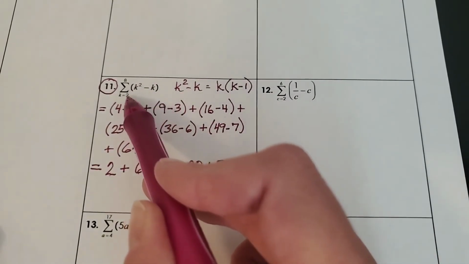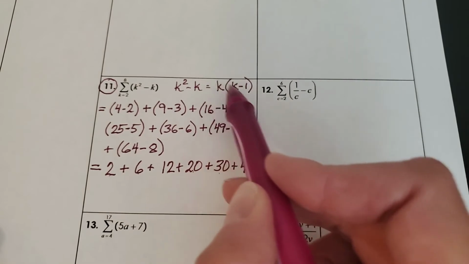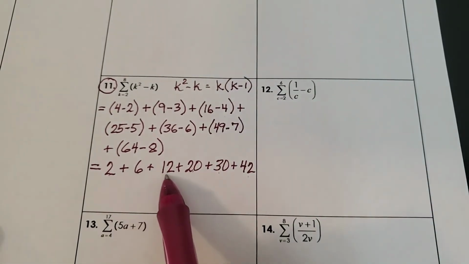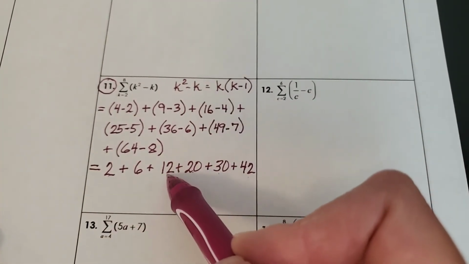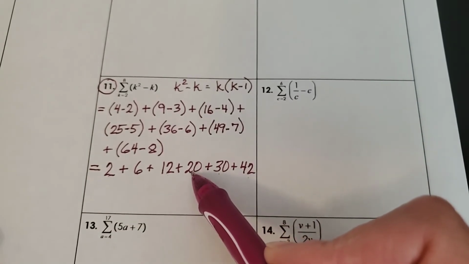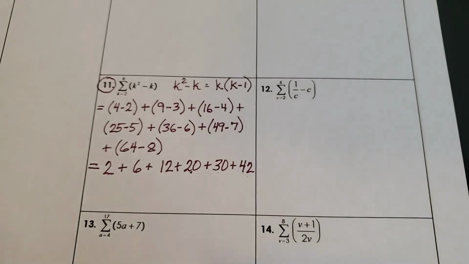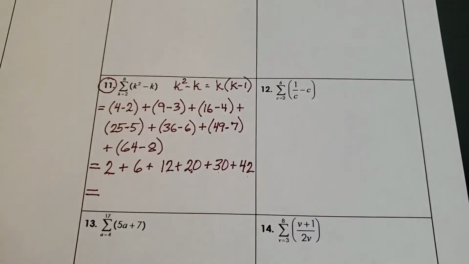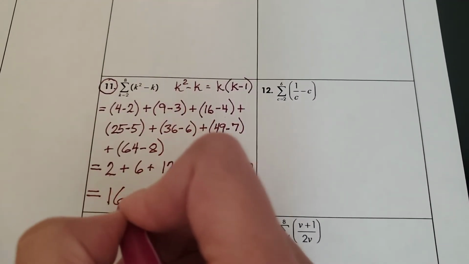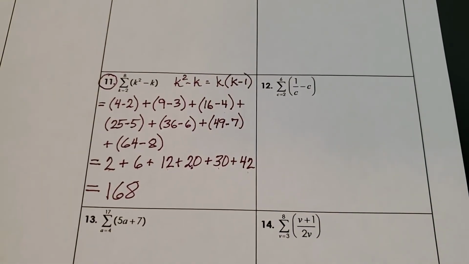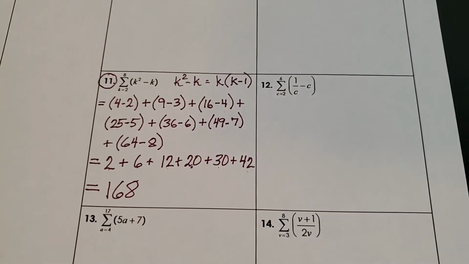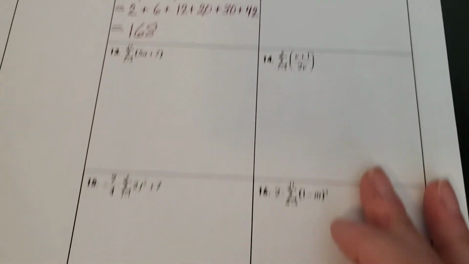And then for the third term, that would be 3 times 2. That's where we get those. For the fourth term, 4 times 3. Fifth term, 5 times 4. And you can see those patterns coming out. And when we add them all together, we get 168.